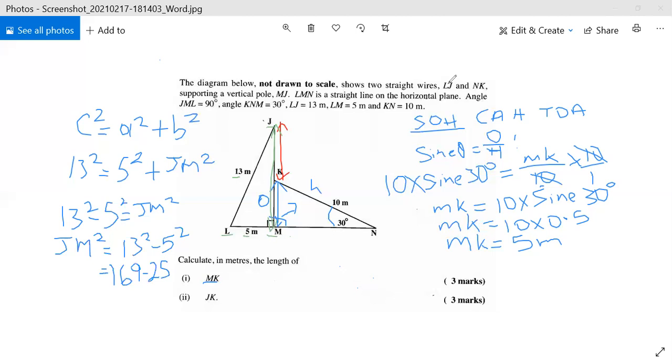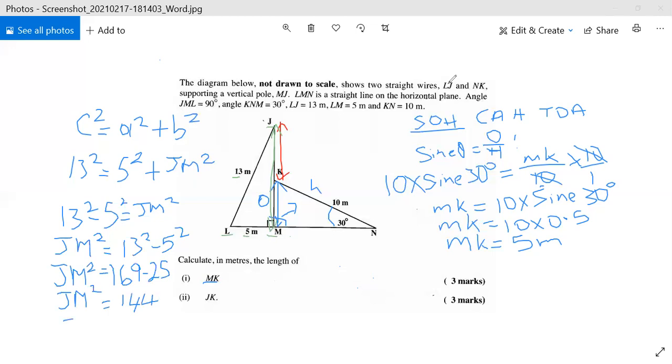So JM squared is equal to 169 minus 25, which leaves us with 144. So JM squared is equal to 144.